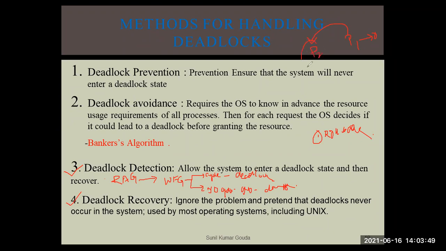Now suppose P2 is also causing a deadlock, then again I will roll back to its previous state. That means P3. This process will continue until we find a particular safe state. This is the first strategy of recovery.